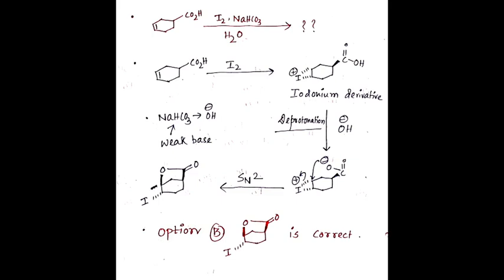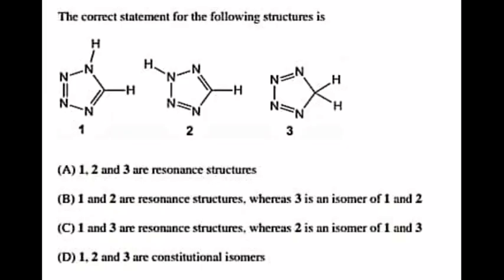That's why you will get a bicyclic ring as your desired product. So option B is your correct option. Okay, you have to keep in mind this example. Okay, here this one is another good example or good question for GATE exam purpose also.